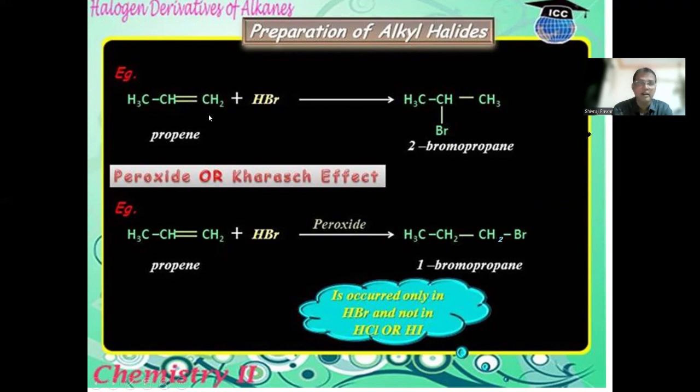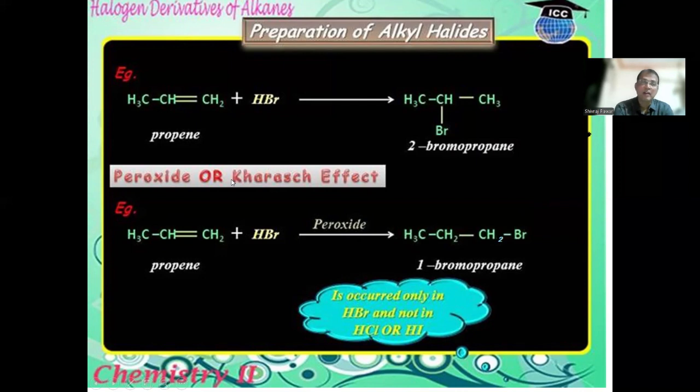So it's an unsymmetrical alkene plus HBr. Now open the double bond. The negative part will go to that carbon atom of the double bond having less number of hydrogen atoms. This is Markovnikov's rule, and if Markovnikov's rule is followed, then the product will be 2-bromopropane.